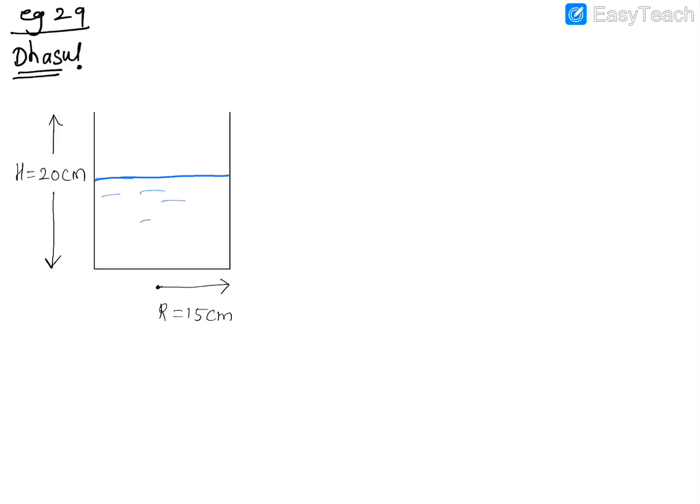Now inside this we have dropped a solid sphere. The sphere which we've dropped inside this has a radius of 10 centimeter. So say this is the sphere that we have dropped.